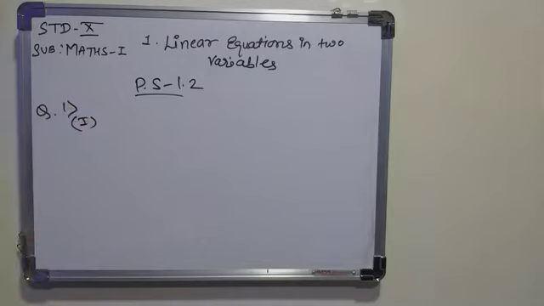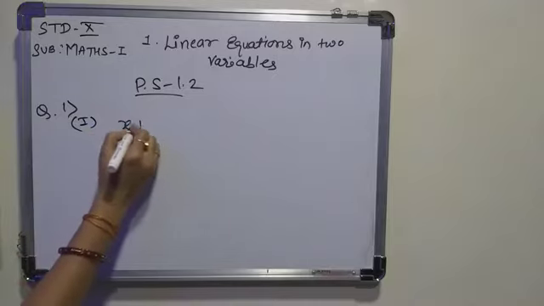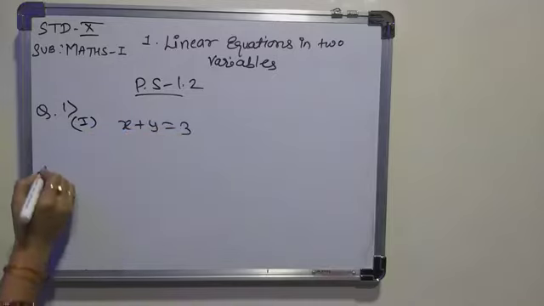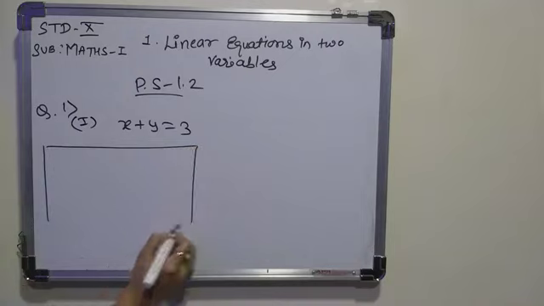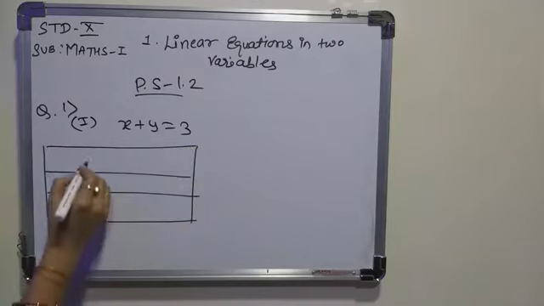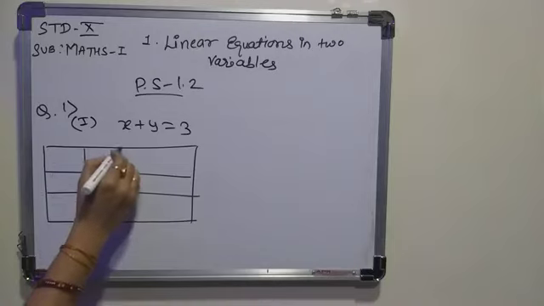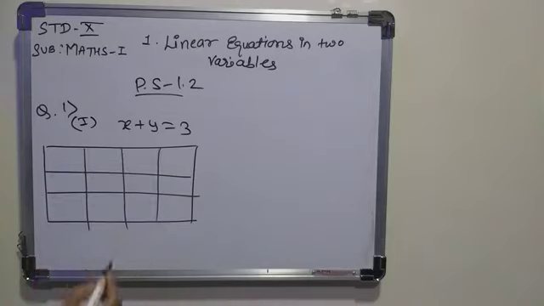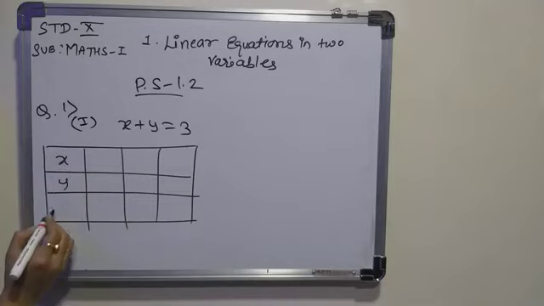Right, they have already given you the equation. The first equation is x plus y is equals to 3, and they have already made a table. You have to just fill the boxes, right? X, y and xy, right?